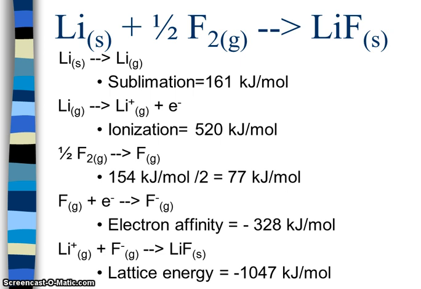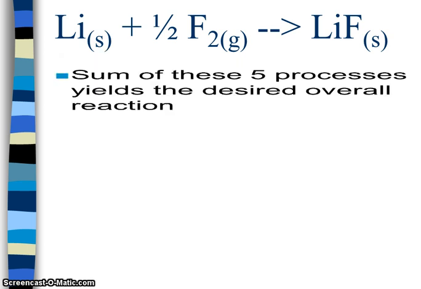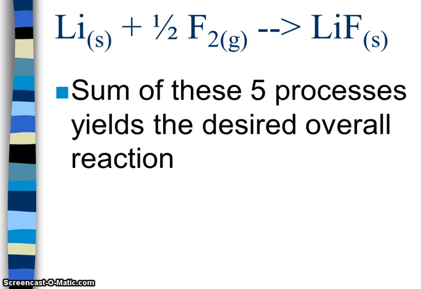Now, if we want to find out the overall energy associated with the formation of lithium fluoride from its elements, we would add all of those processes together to give us our overall energy for our reaction.